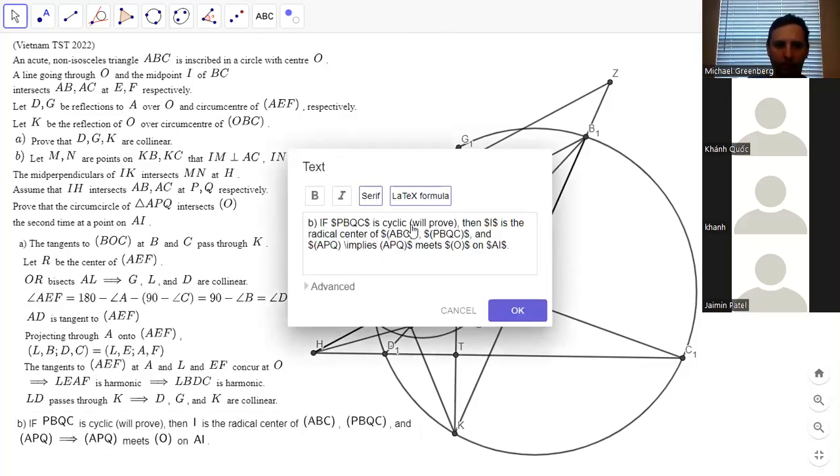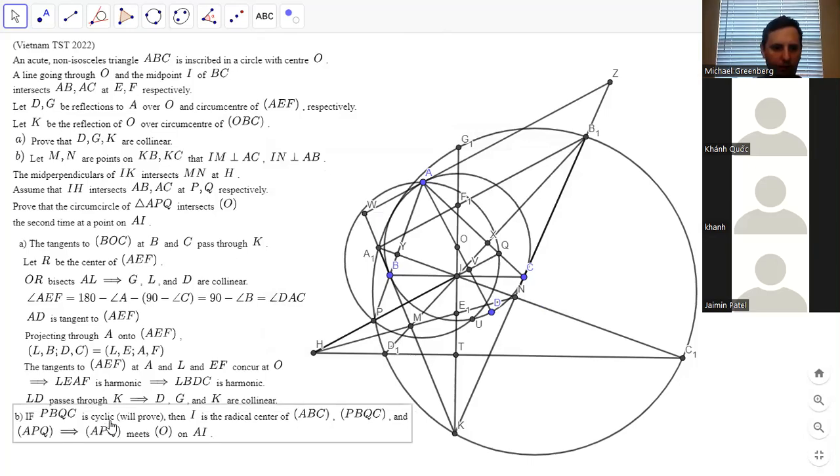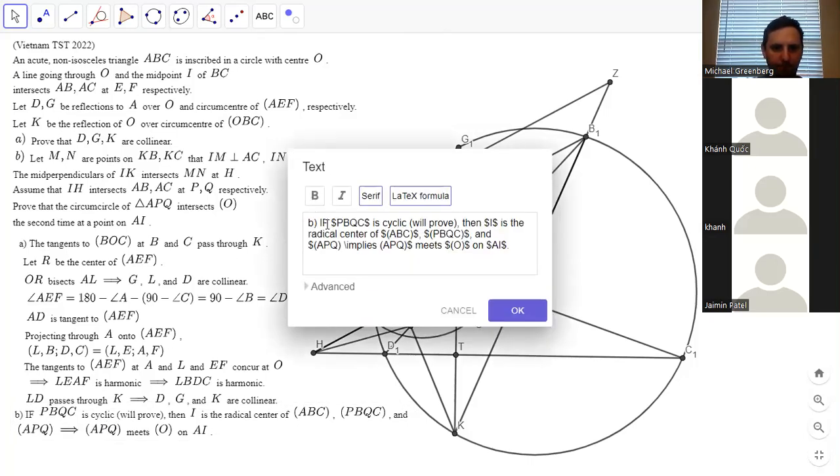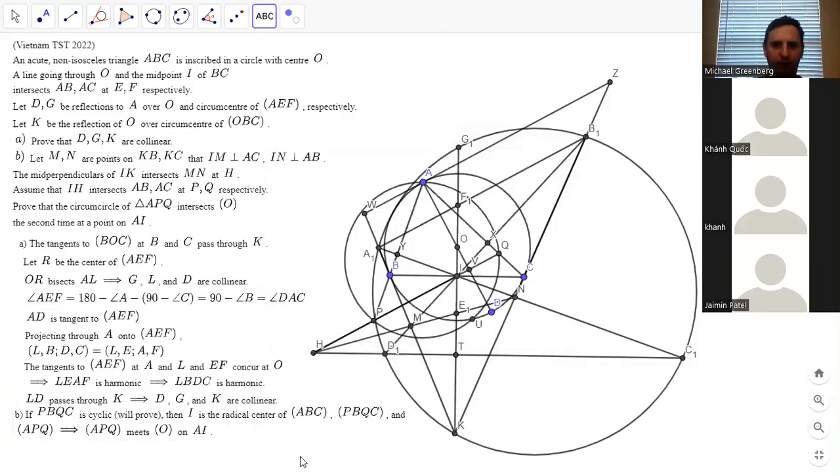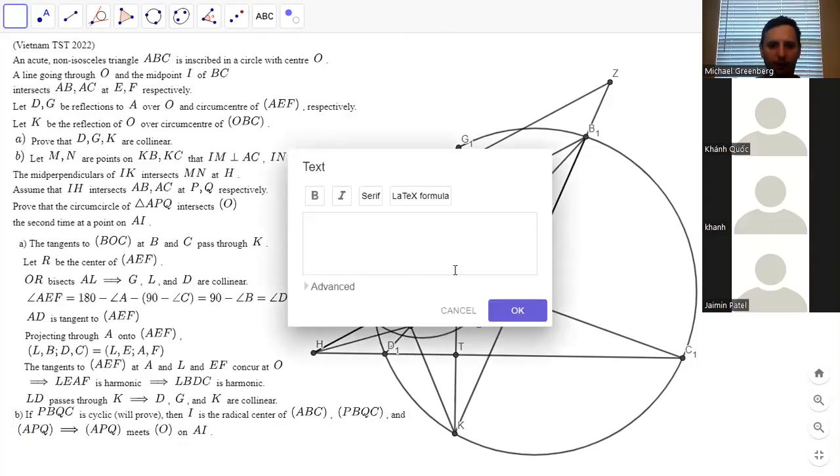Okay, so we're going to prove that PBQC is cyclic. PBQC is cyclic if and only if BQ, PQ, and BC are anti-parallel.